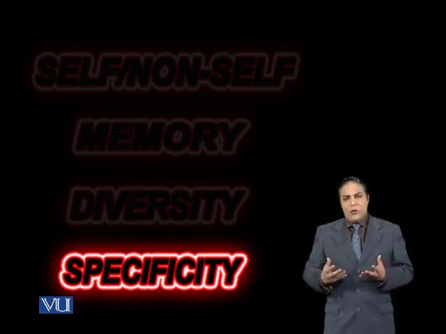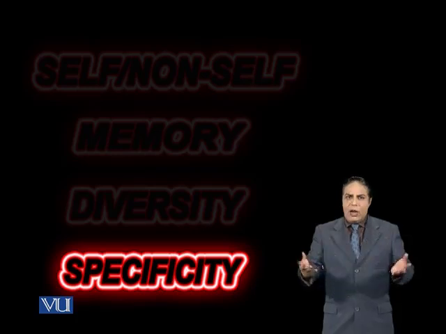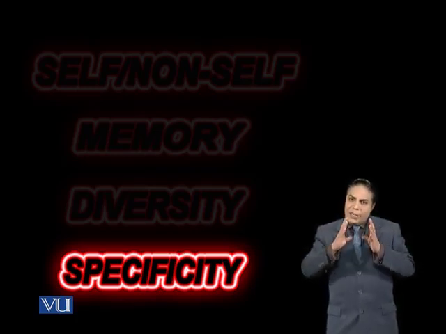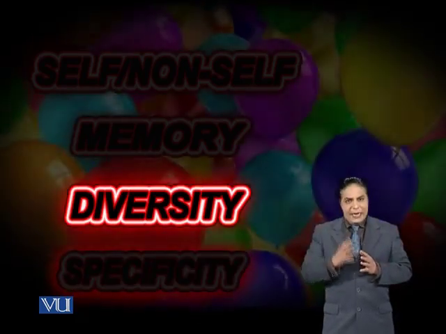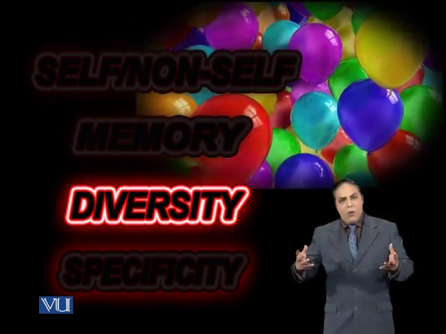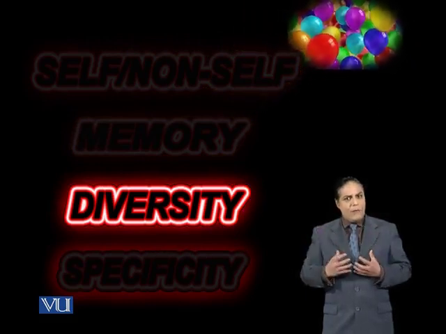It will be wasteful to make antibodies against poliovirus, E. coli, other bacteria. So our immune system has specificity. It has diversity. That's the second thing. It doesn't matter what the source of a pathogen was, where it came from.